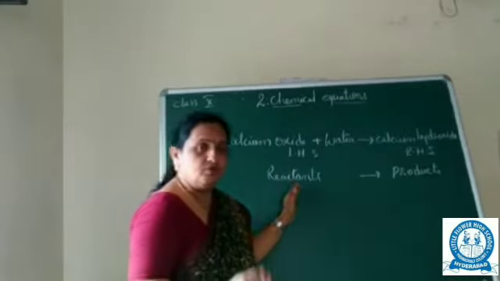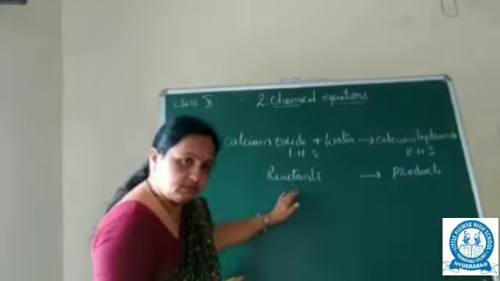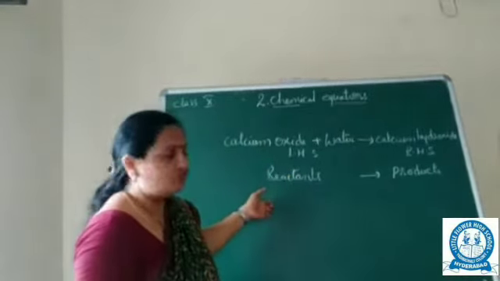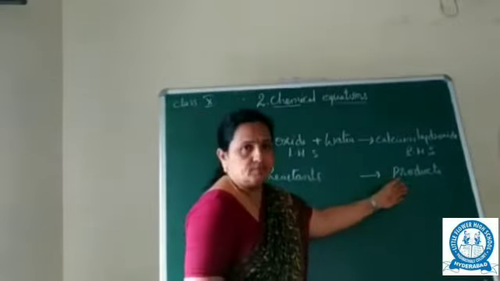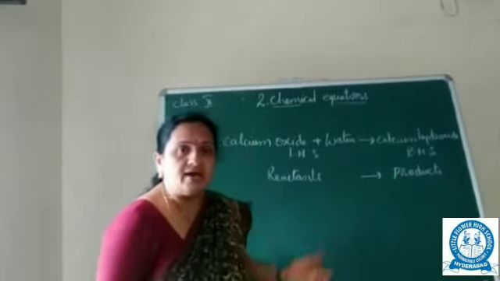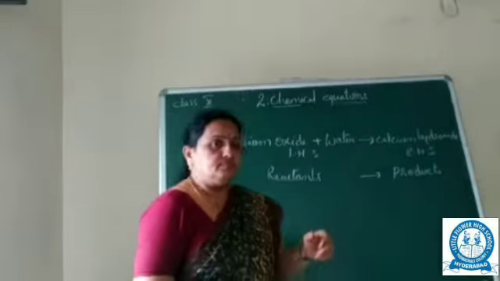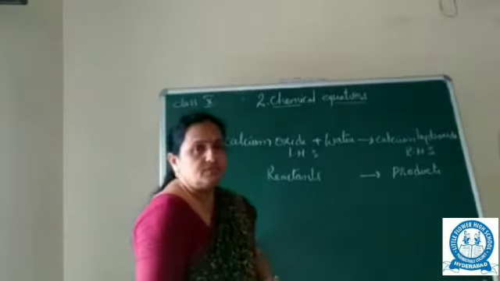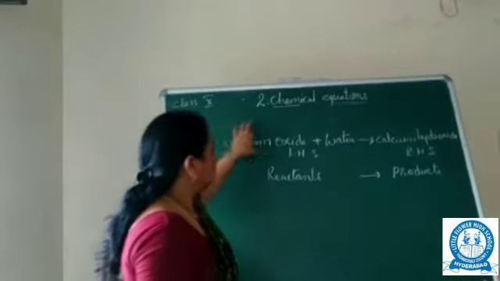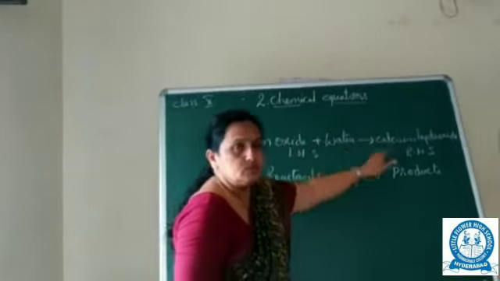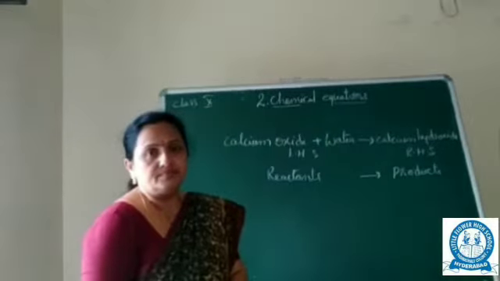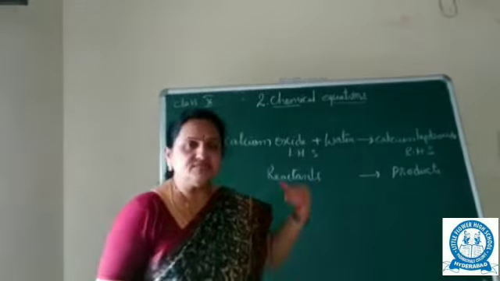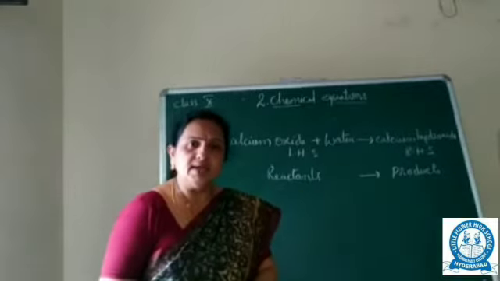Reactants might be one, or more than one, meaning 2 or 3 combine and form products. The products are not the same as the reactants. Every time we would need to write the words completely like this, which is a waste of time. That is the reason scientists symbolized these words as formulas.